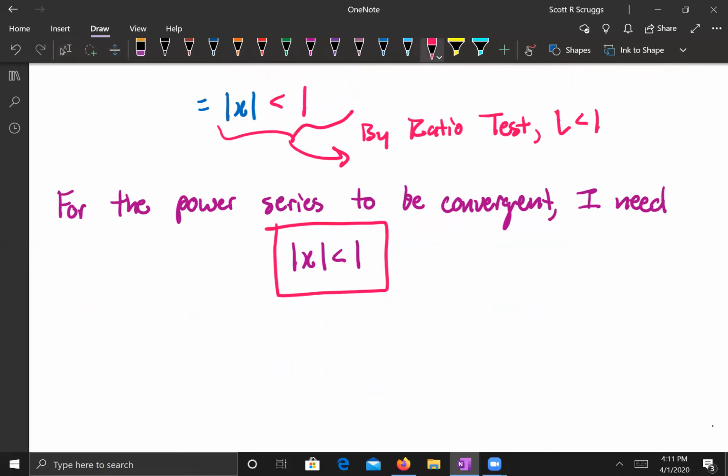And because of that, 1 will be my radius of convergence, because it's essentially the number that I cannot exceed if I want to maintain convergence.